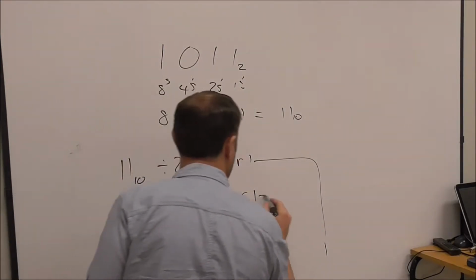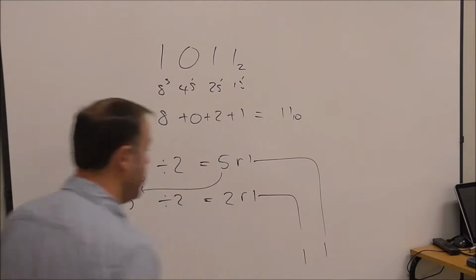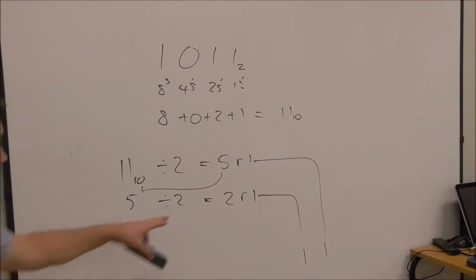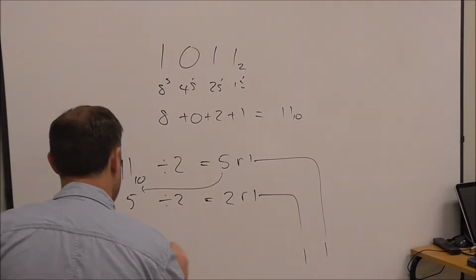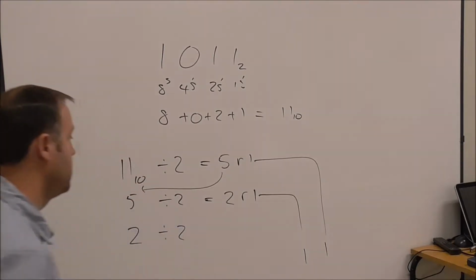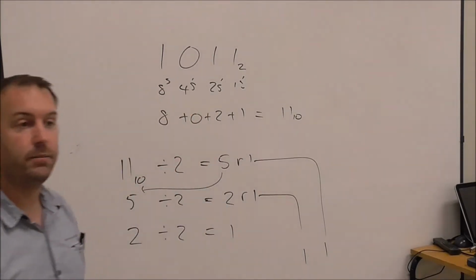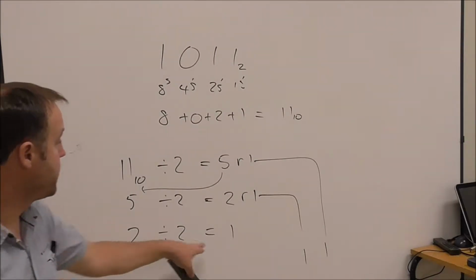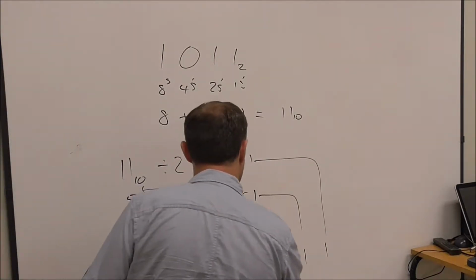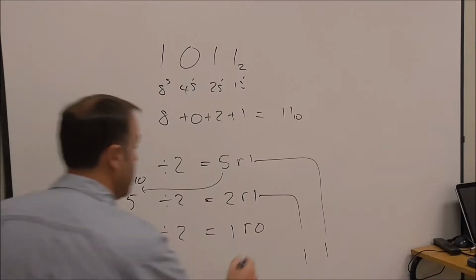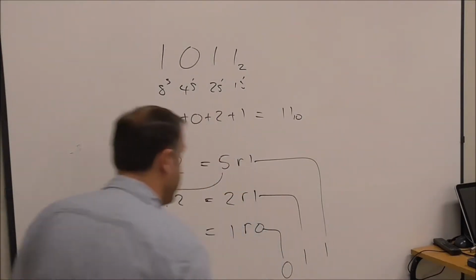Okay, and so we get another 1 there. And we copy the 2 down to here. 2 divided by 2 is equal to 1 with no remainder. So remainder 0, if you like. Copy that 0 down to there.